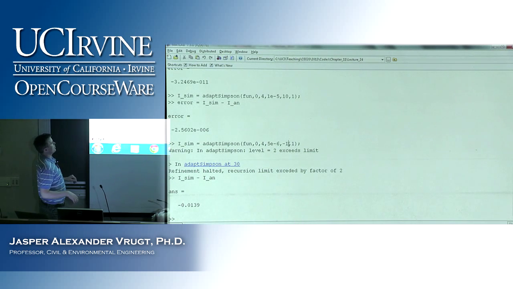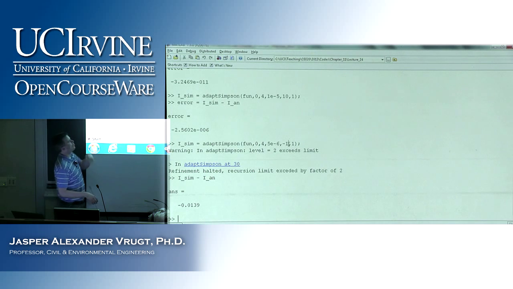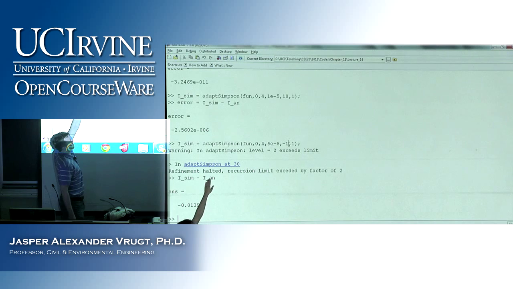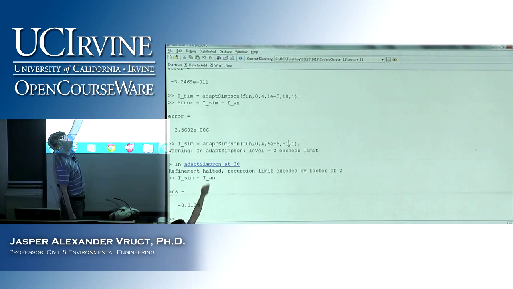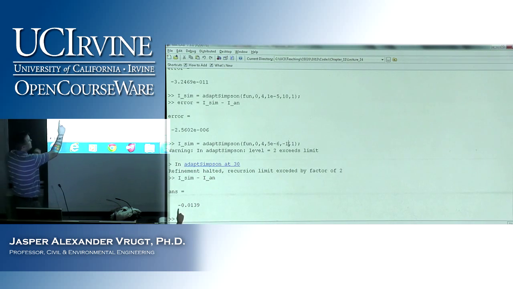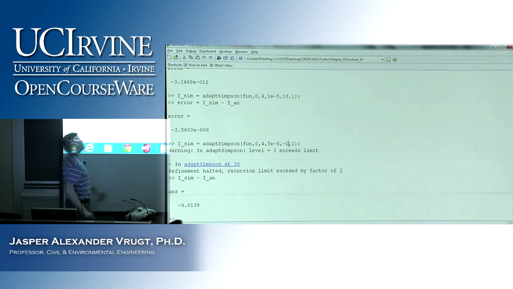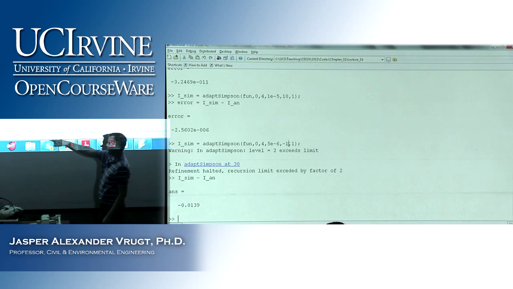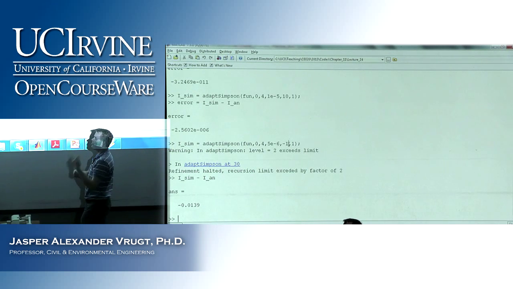And why that is, that's just a choice of the author. That's not so important. Point is that I only do 1 iteration and the code starts complaining here that the iteration has been halted because what you see is that the error does not satisfy 5e-6. The error is larger. So the code wants to continue.